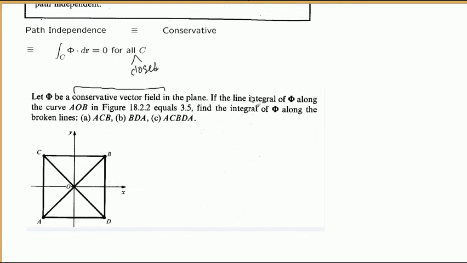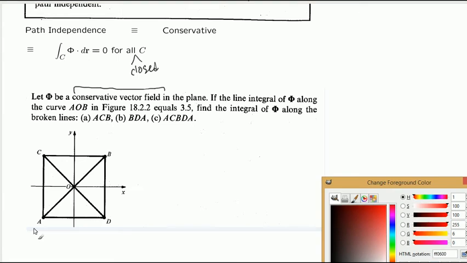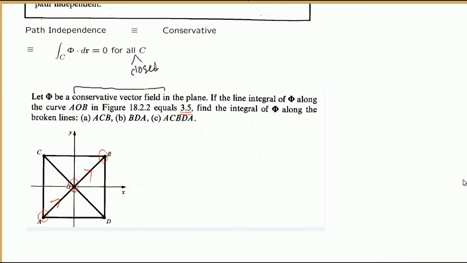So they gave you this value: the line integral of this one along the curve AOB. AOB here, A is here, go to O and go to B. That value, the integral along the path going from here, is equal to 3.5. They didn't give you the vector field phi, but they only give you the value of the line integral.